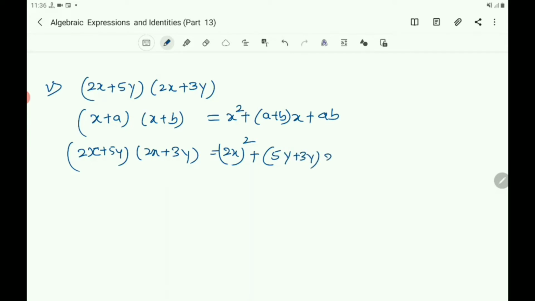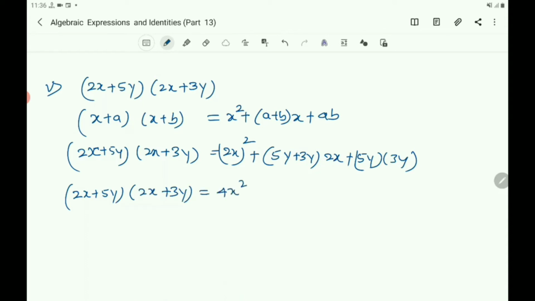X means x is 2x, plus ab means 5y into 3y. In the place of a, 5y is there. In the place of b, 3y is there. ab is 5y into 3y.